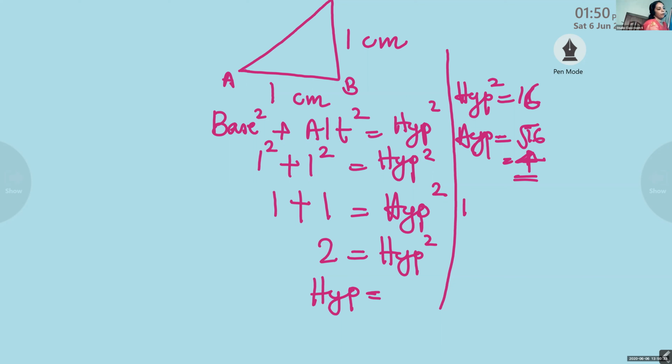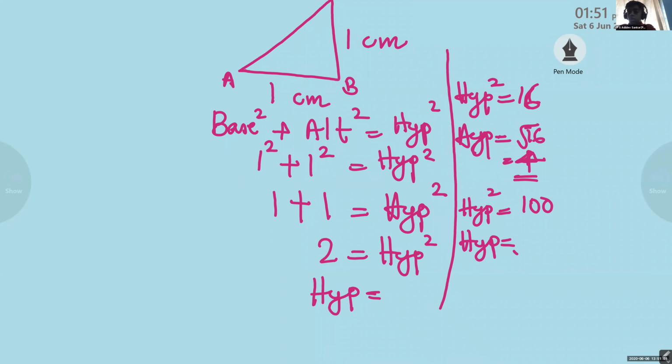If hypotenuse square equal to 100, what will you write as hypotenuse? Not 10 square. Hypotenuse square is 100. Then what is hypotenuse? 10.